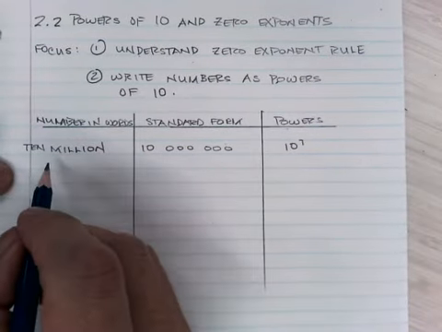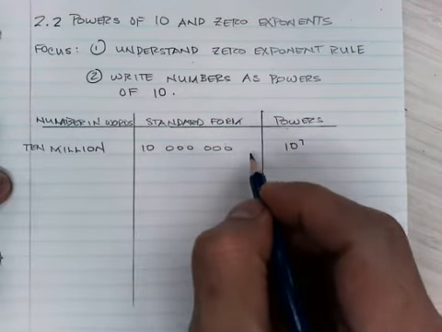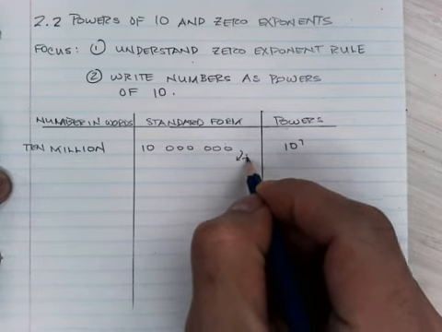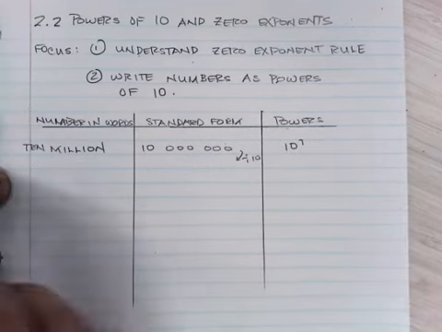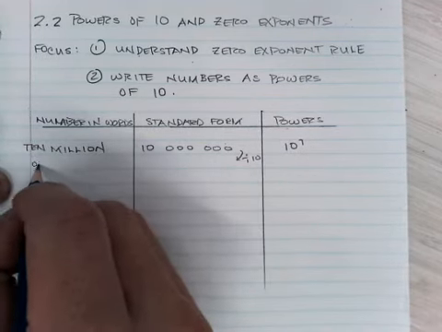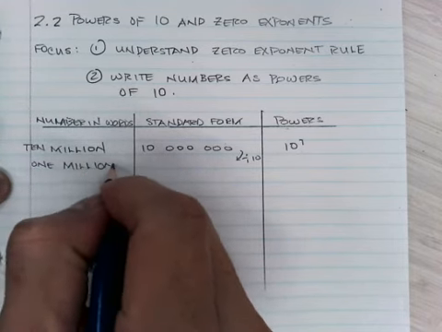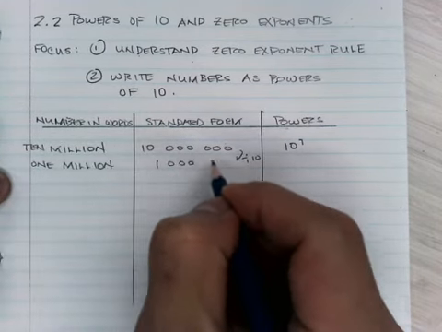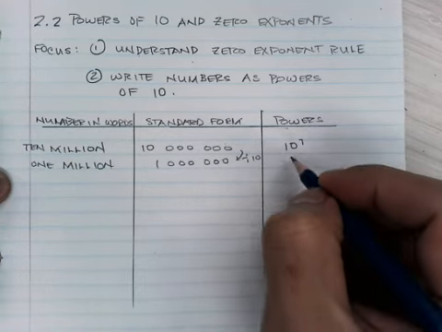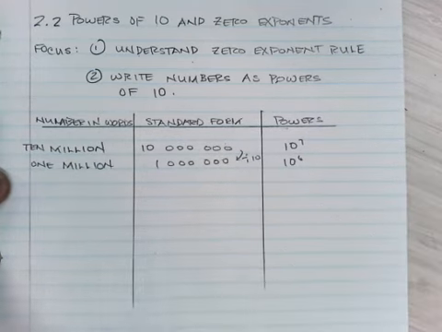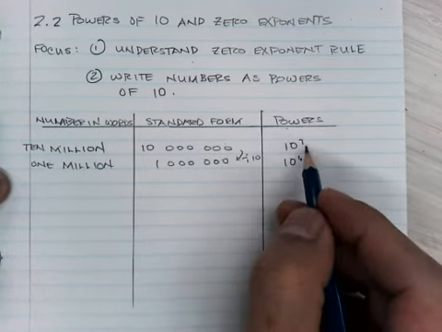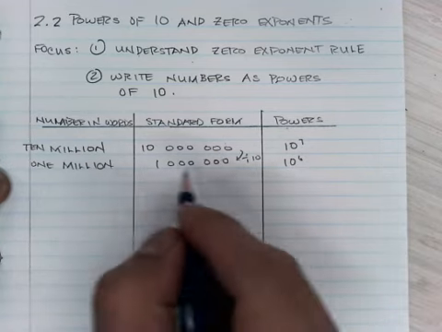Okay. Next number, if we keep dividing this by 10, the next number will be 1 million. And there we have 1 million in standard form, and that'll be 10 to the 6. So take note of what's happening with the powers over here, okay?